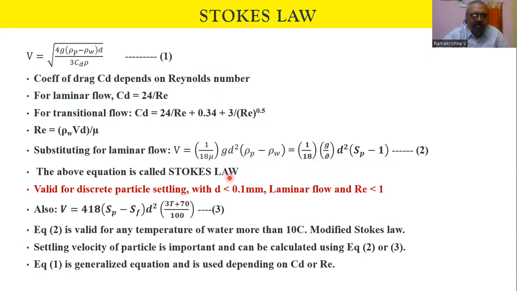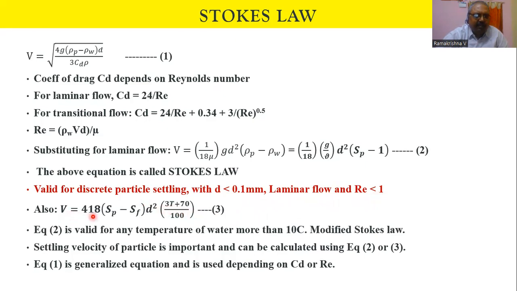This is called Stokes' law, which is an important derivation in sedimentation analysis. It is valid for particle size less than 0.1 mm, laminar flow, and Reynolds number less than 1. A conventional form of Stokes' law with respect to temperature can also be identified.